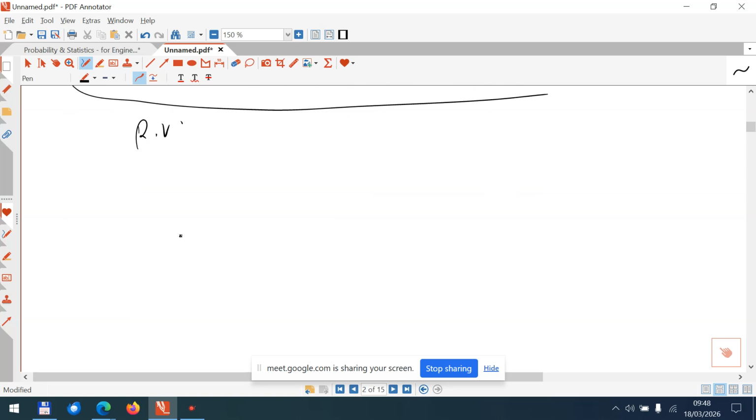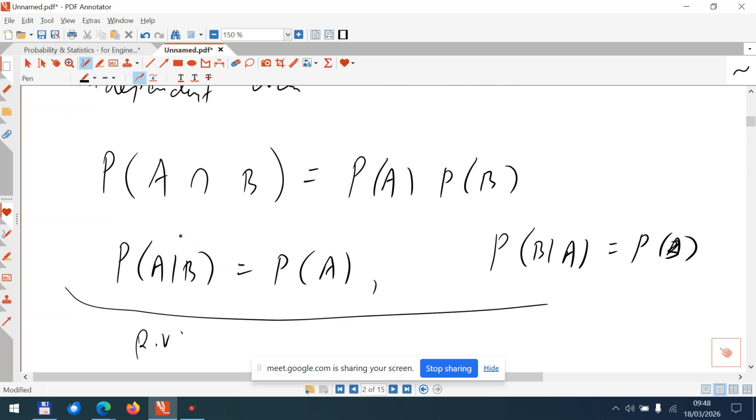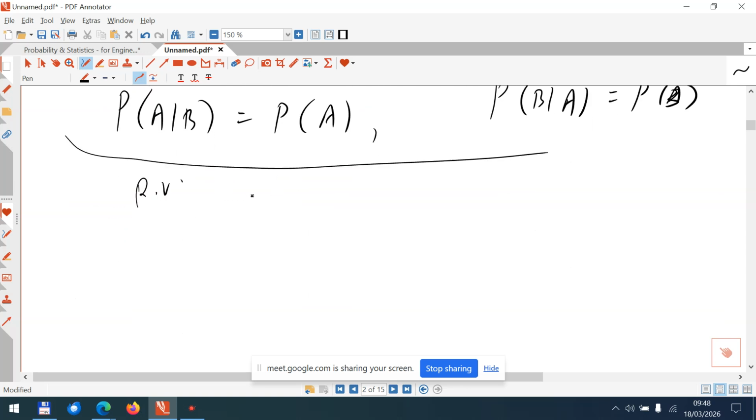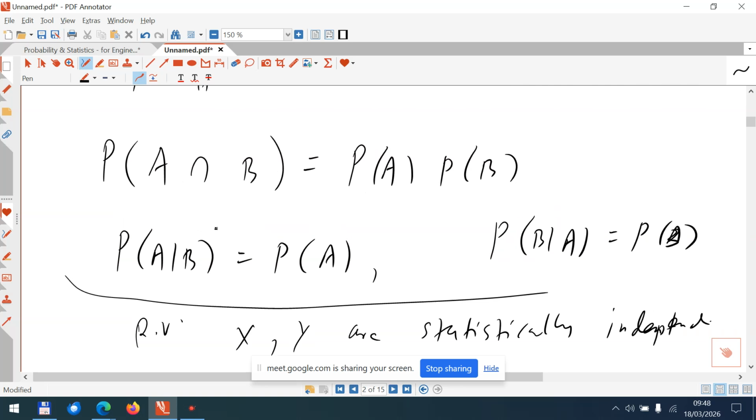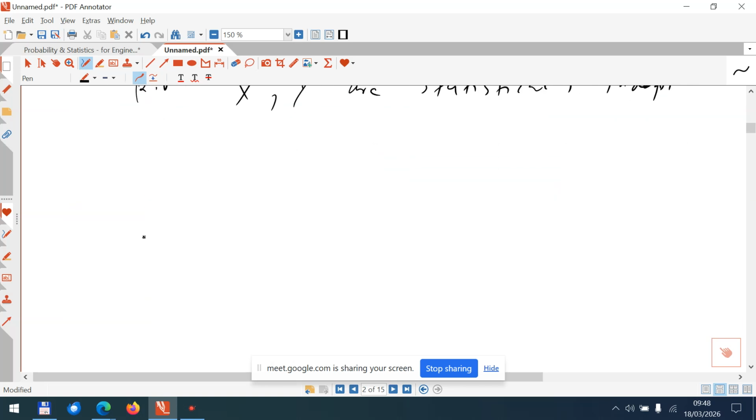In random variables, we can now say that random variables x and y are independent. To be more precise, statistically independent. What do we mean when we say that the two random variables are independent? Instead of these probabilities, you will now use distributions. So f of x comma y is the joint PMF if x and y are discrete, and it is the joint PDF if x and y are continuous.